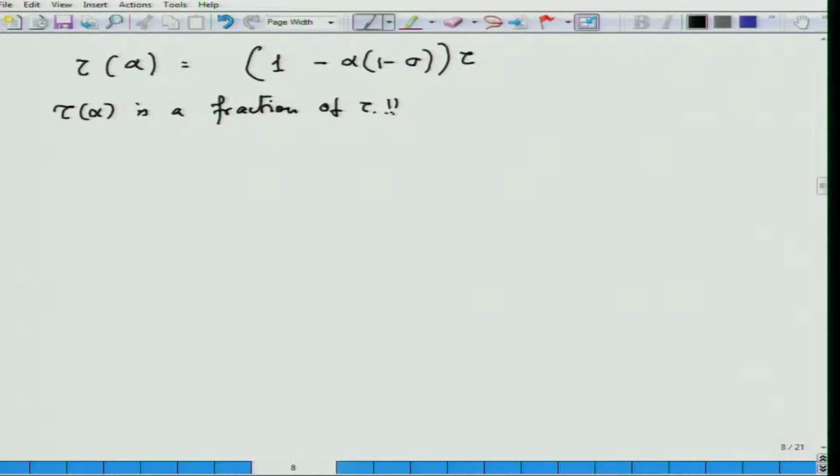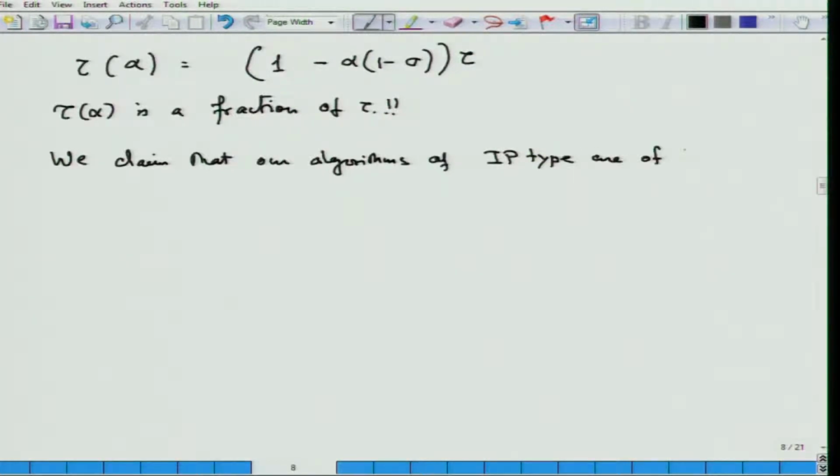Okay. Now, how does the algorithm behave? We claim that our algorithms of the interior point type or the IP type are of polynomial time.